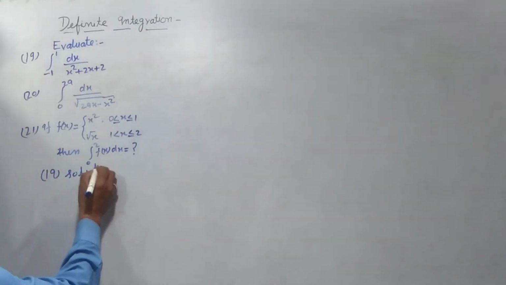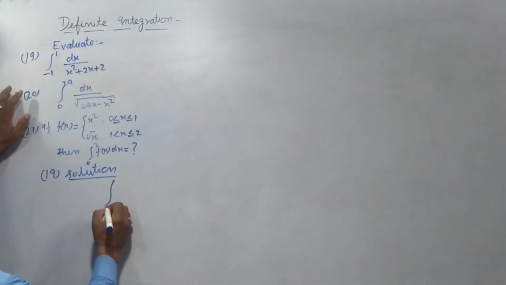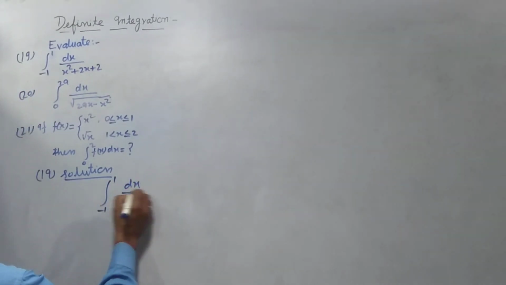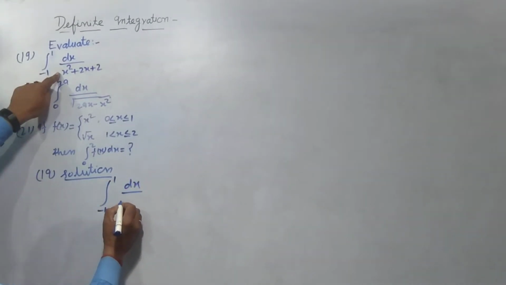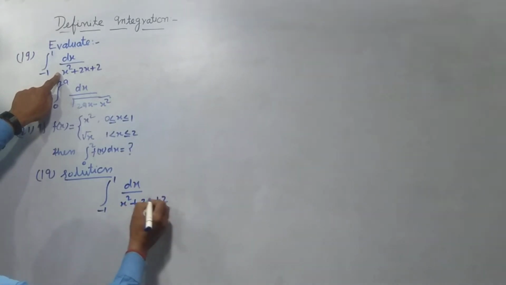Solution of this: the integration from minus 1 to 1 of dx divided by x square plus 2x plus 2.